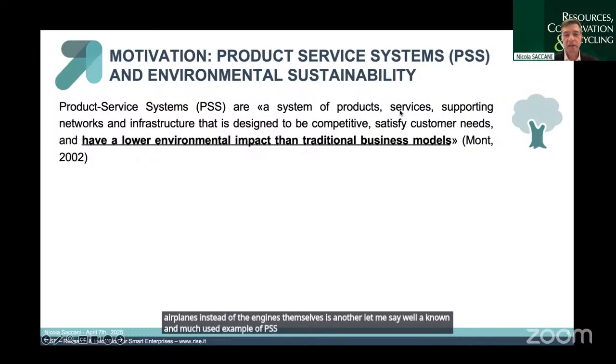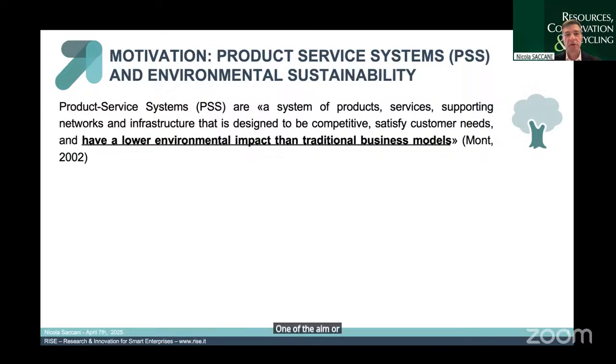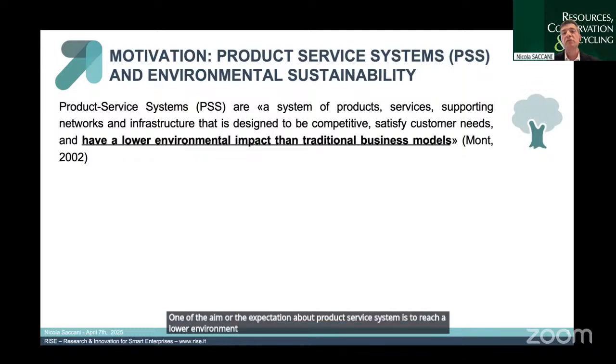From this very early definition of PSS that you see on the screen, you see that one of the aims or the expectations about product service systems is to reach a lower environmental impact than traditional business models where we simply sell a product.